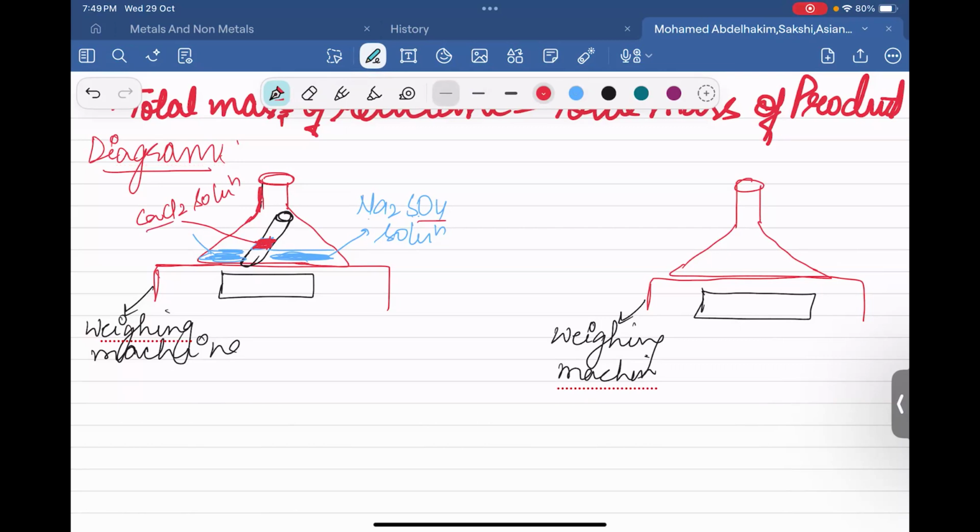Now we are putting this calcium chloride solution inside this beaker and tying it with a thread, and this whole setup is closed, meaning there is no passage of air, nothing can come inside.